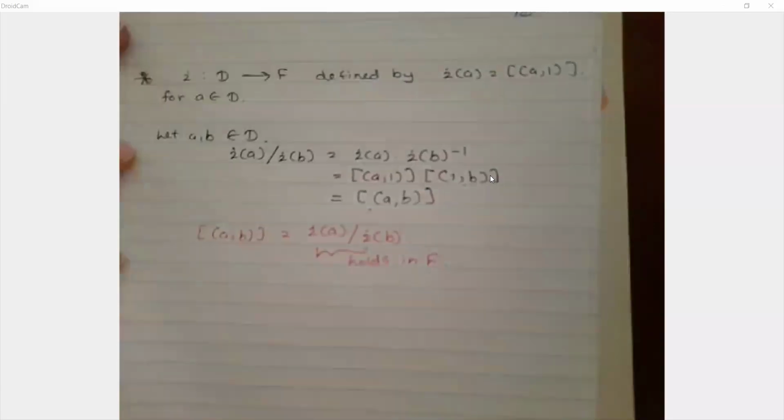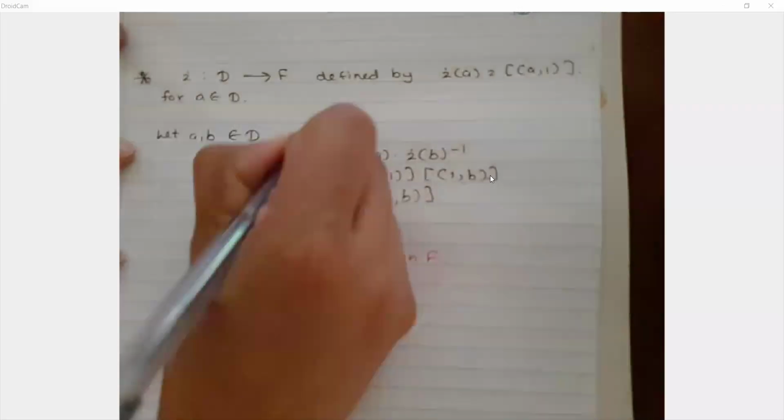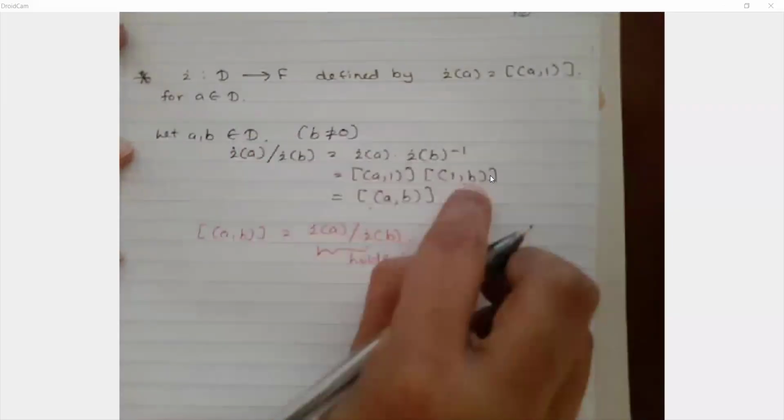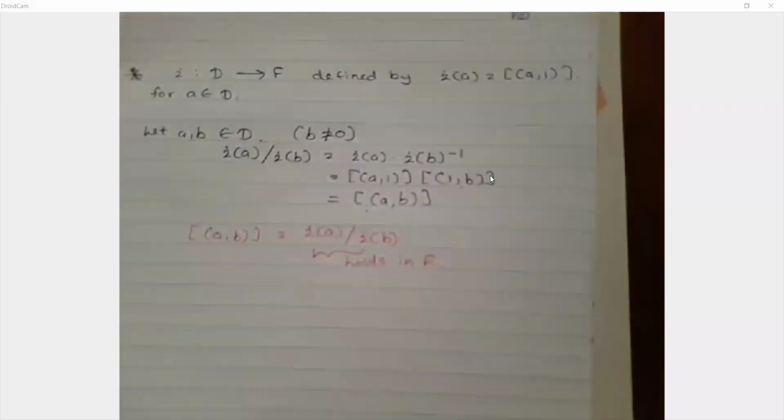Let me specify it over here. B is non-zero, otherwise we will not be able to define the inverse. So we can represent elements in F as quotients.